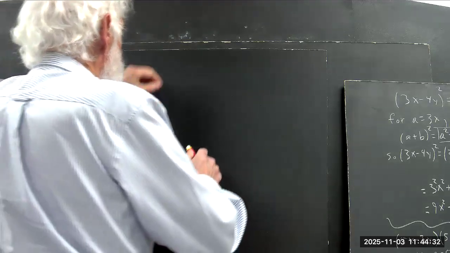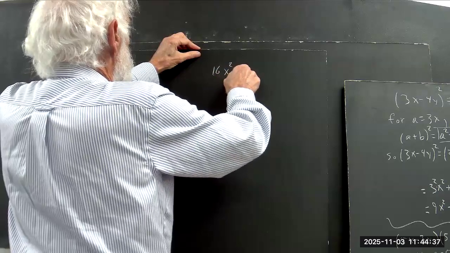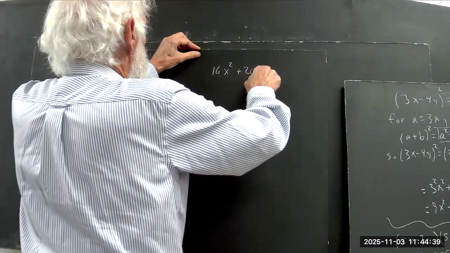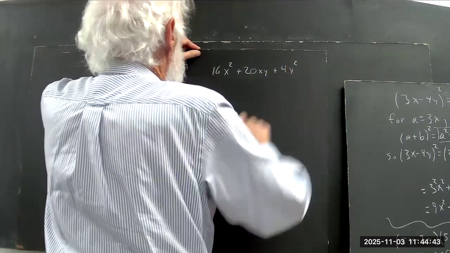So let's try 16x squared plus 20xy plus 4y squared.